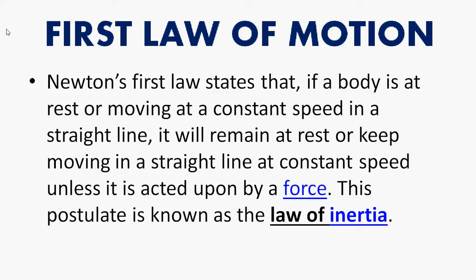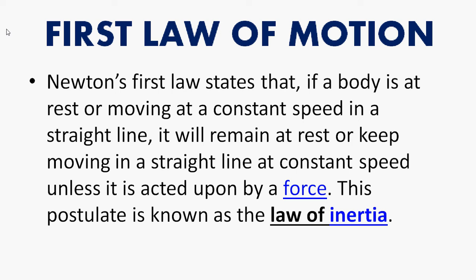So in this, we will study what is inertia. Inertia is a property of matter by which it continues in its existing state of rest or uniform motion in a straight line unless that state is changed by an external force.